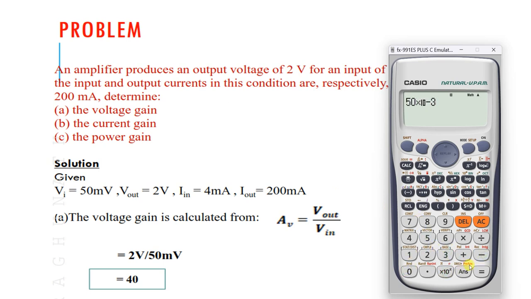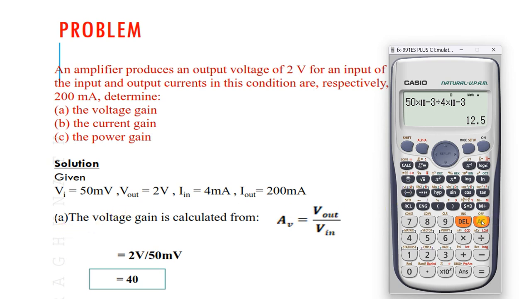If you miss milli, you will get the wrong answer. Input current is 4 milli. So milli will get cancelled, and 50 by 4 is 12.5 ohms. Here you have to write ohms. Input resistance is 12.5 ohms.